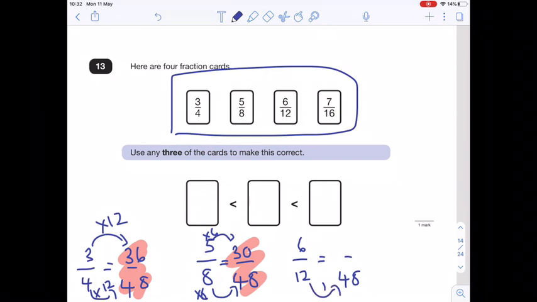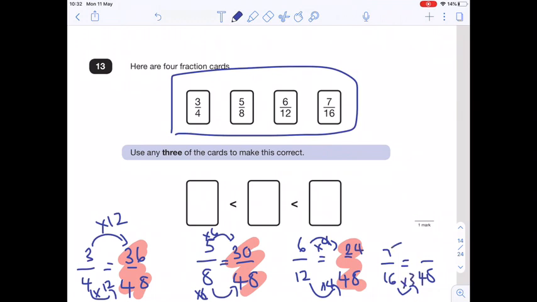Well, times that by 4, times that by 4, and I get 24. And then 7/16 out of 48, that's times by 3, times that by 3, and I get 21.